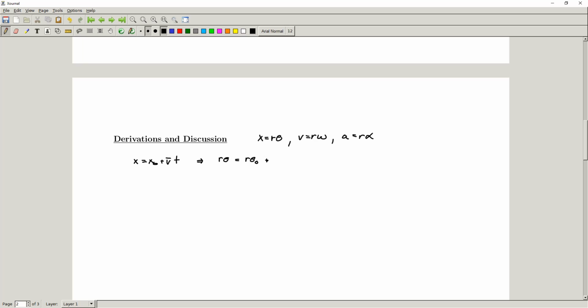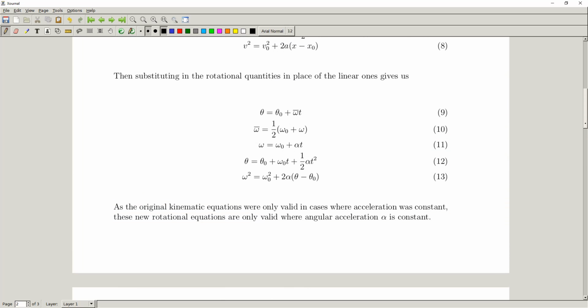Plus, well, v bar is just going to turn into r omega bar, again, because our radius is constant, so the only thing that we need to average here is r omega times t, right? We can see right away that we can just divide out the r's, they all fall out of the equation. We end up with theta equals theta naught plus average omega times t, and that gives us the equation that we see up here. So that's our first equation.